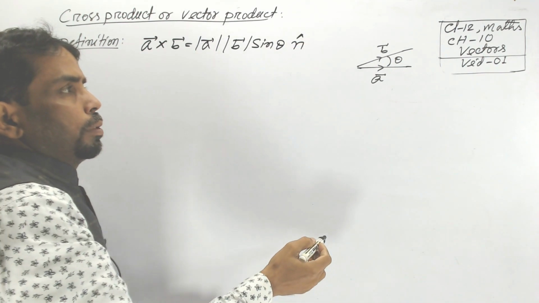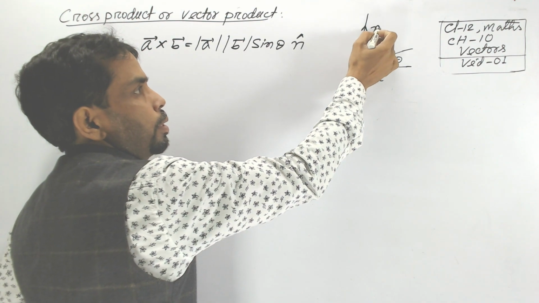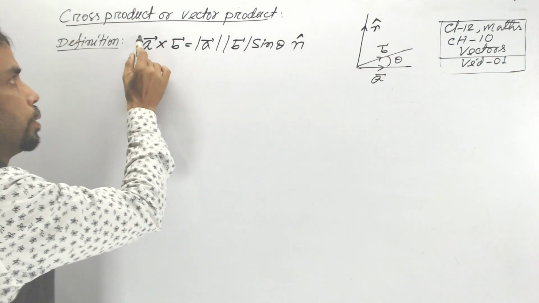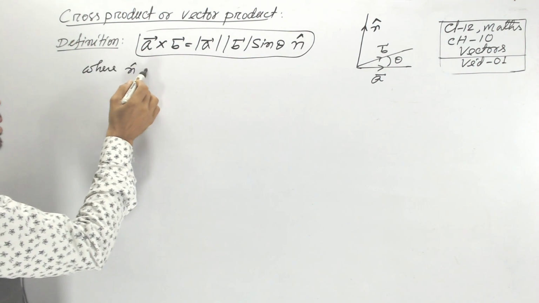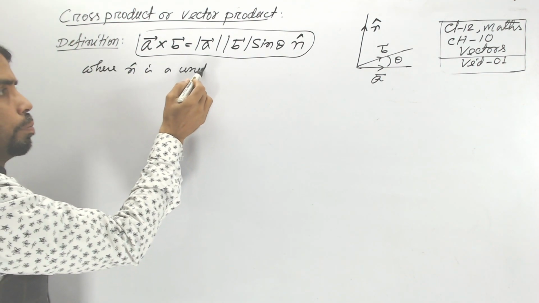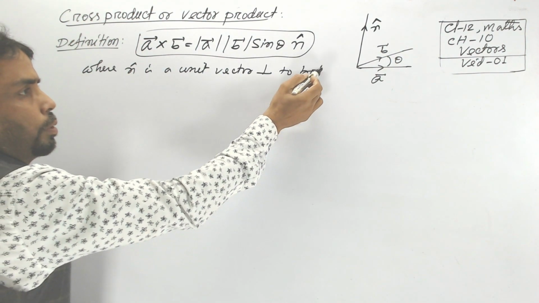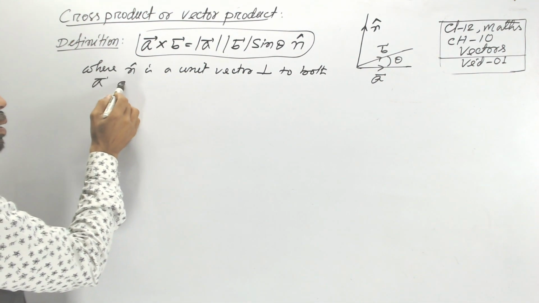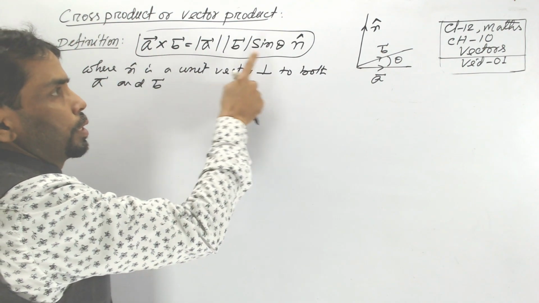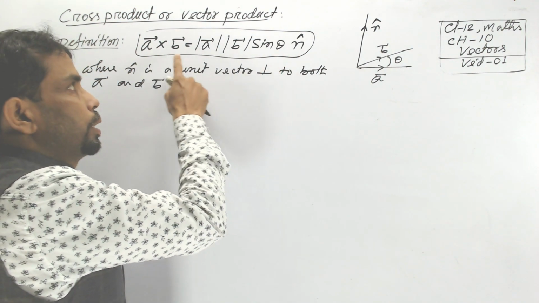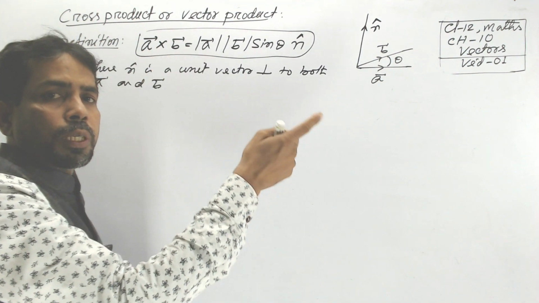Now what is n cap? N cap is a unit vector which is perpendicular to both A and B. So A cross B direction is given by n cap. So A cross B is a vector. Remember, cross product gives a vector, and dot product gives a scalar.